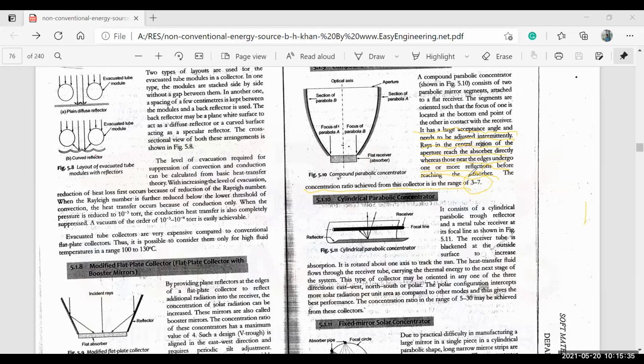Right now, concentration, this where it is, this. Now this concentration ratio, what is this concentration ratio, can anyone say?